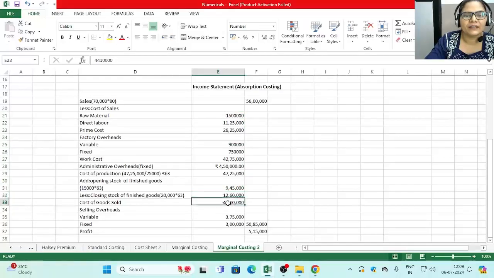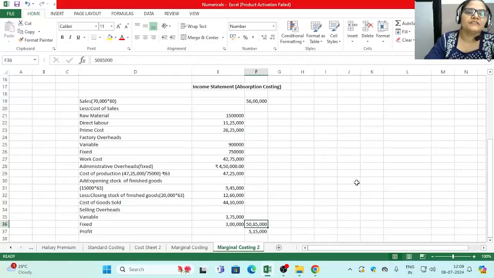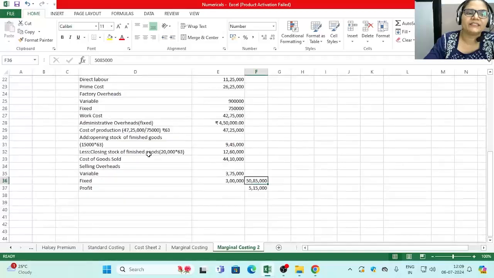After that, we will add all these values in the cost of goods sold, and we will get 50,85,000. And from 56 lakh, we will deduct 50,85,000, which is the total cost based on absorption costing. They generally do not differentiate between fixed and variable overheads. And finally, we will get the profit 5,15,000.